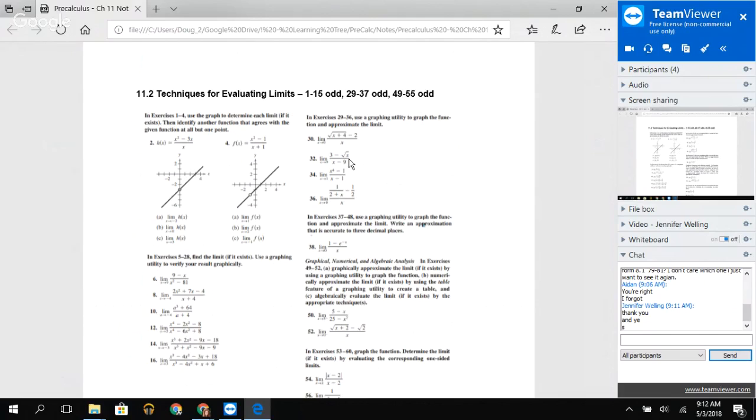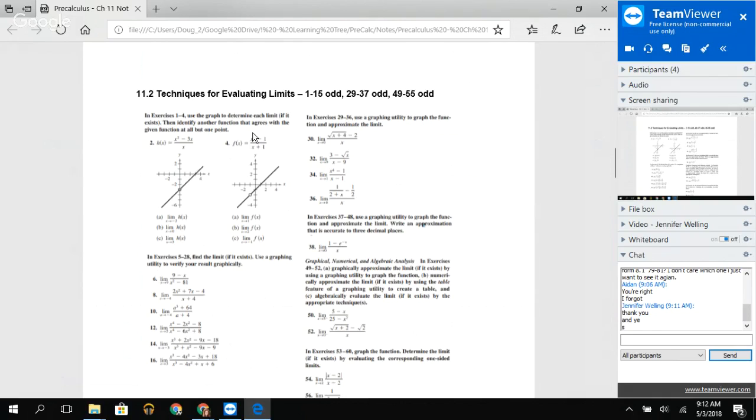And typically, what we're looking at is what happens when you're trying to reach a limit when it's 0. So what I mean by that is if you look at number 4 here, we have x squared minus 1 over x plus 1.